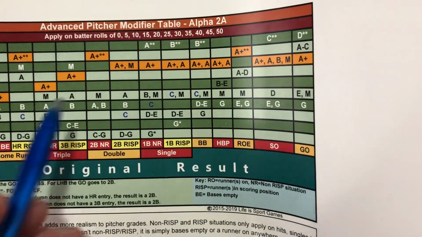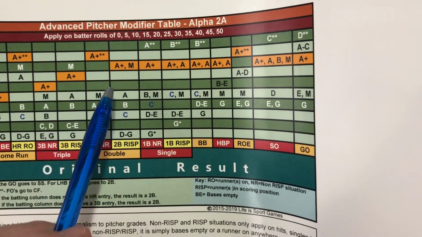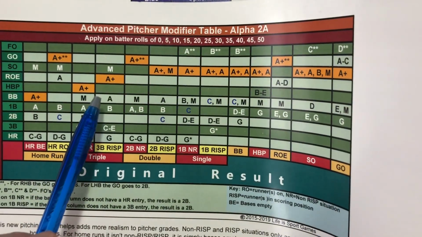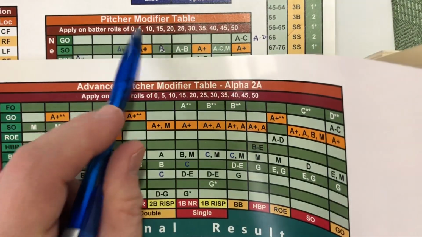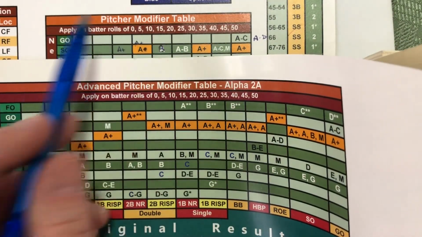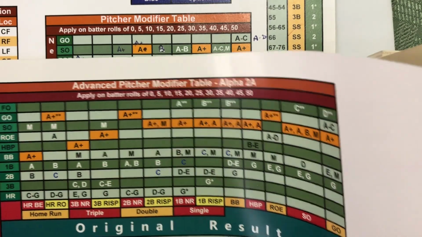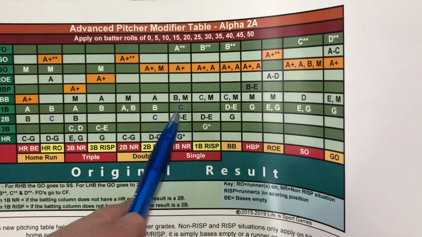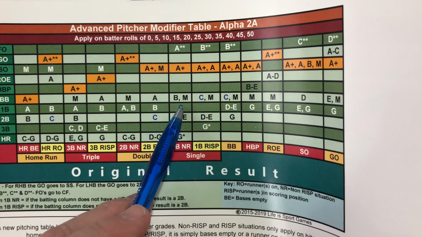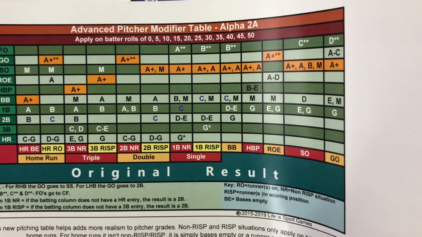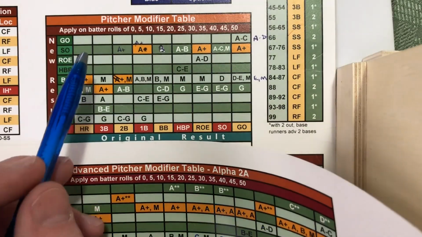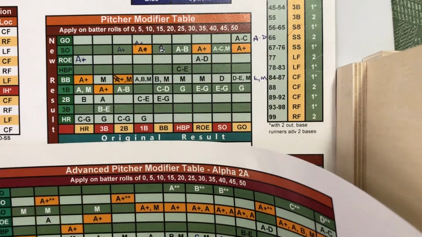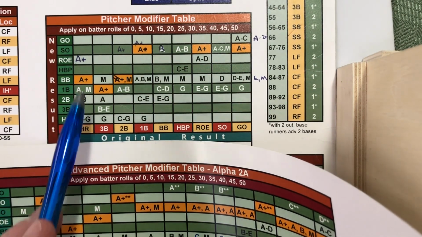So if you're feeling like you're scoring a little too much in the game as the original pitcher modifier table is used, and you want to reduce a little bit of scoring, what this does is it makes the C pitcher a little bit better than he is on the original pitcher modifier table. So a C pitcher is better on the advanced table.